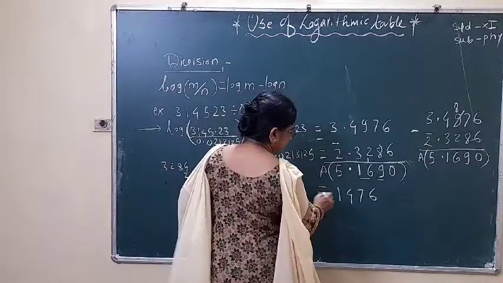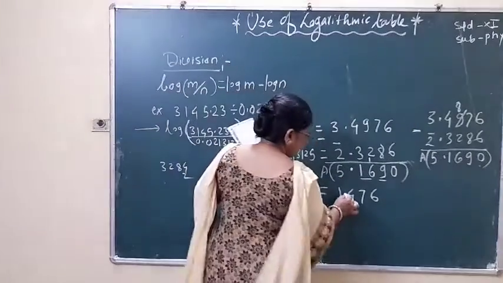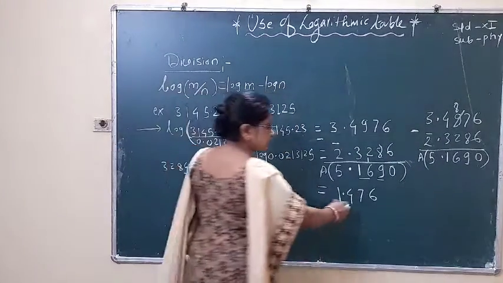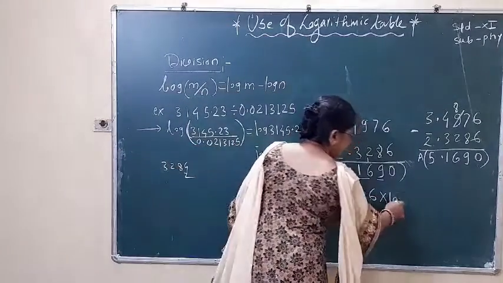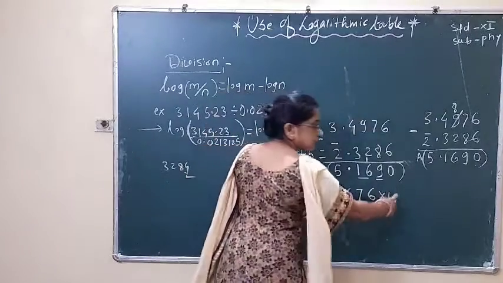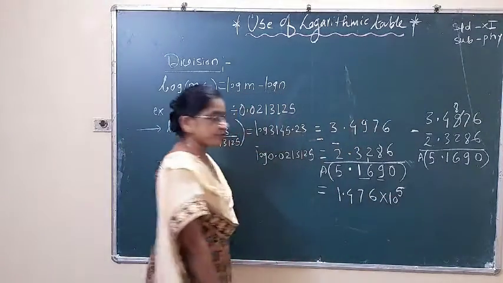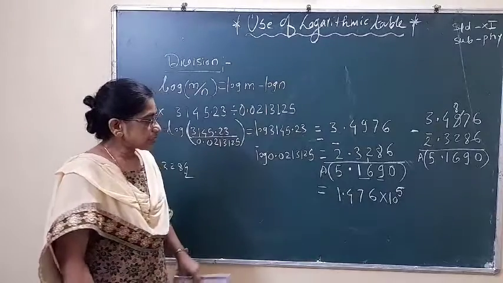How do you put it? By the trick, give the decimal point after one digit from the left side of this number and multiply it by 10 raised to the characteristic. Here the characteristic is 5, so 1.476 times 10 to the 5.